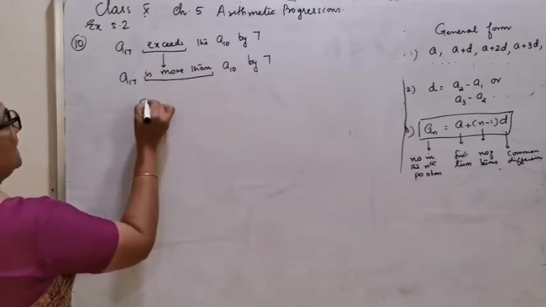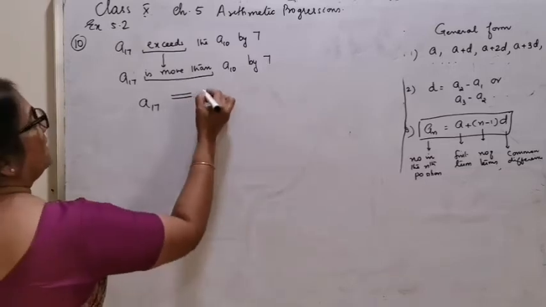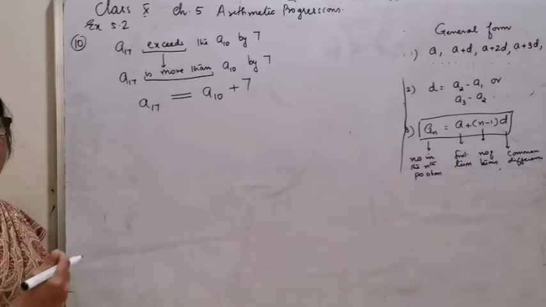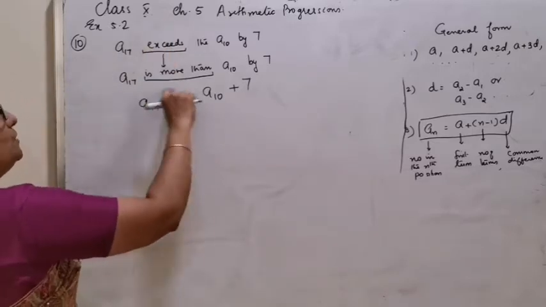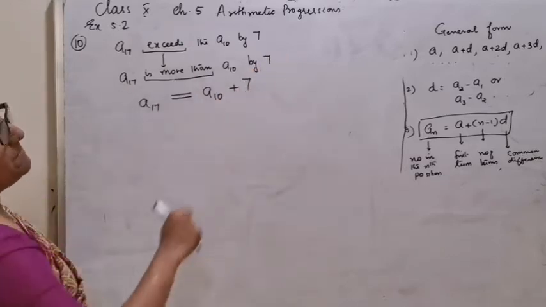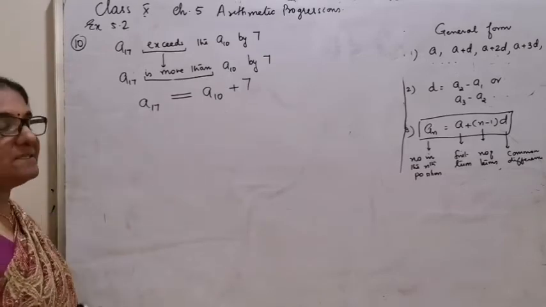That means A17 is equal to A10 plus 7. That is how you will give a meaning for this statement and convert it into this equation. A17 is more than A10 by 7 means A17 is equal to A10 plus 7.